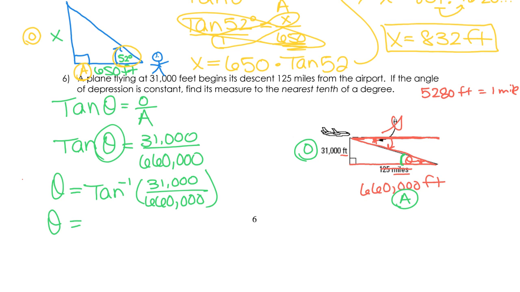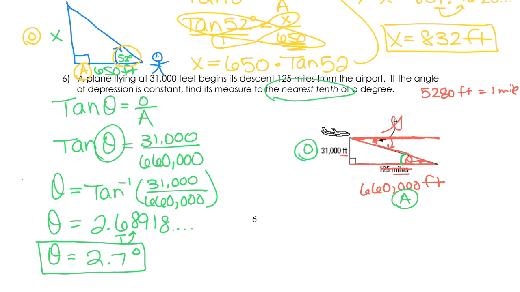And we're going to type it into our calculator, making sure we hit that inverse. So second tangent, and then type in our fraction. And we should end up with 2.68918. And they said to the nearest tenth. Okay, so we underline the tenth, look next door, and we'll say 2.7, and it's an angle, so degrees. And that's the angle that the pilot looks down from up in the plane to see the airport.